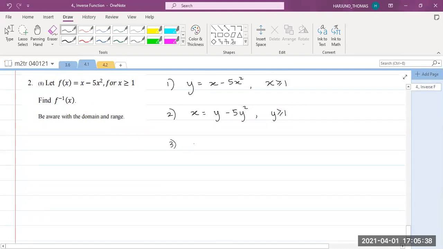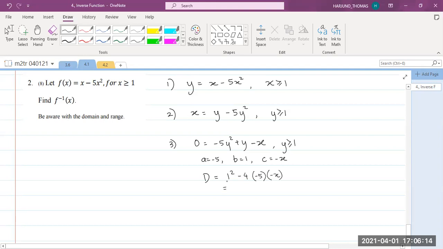Okay, so 0 equals negative 5y squared plus y minus x. If I use the quadratic formula, then a is negative 5, b is 1, c is negative x. The discriminant is b squared minus 4ac.